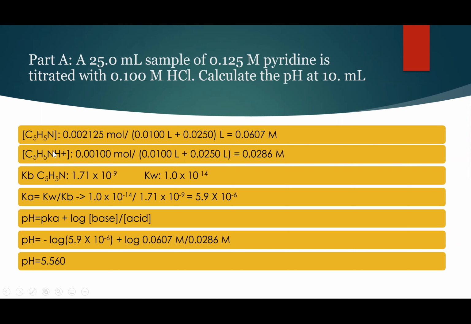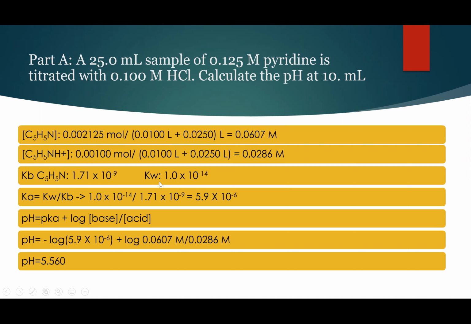We do the same with the conjugate acid, C5H5NH plus. We take the amount of moles left over, divided by total volume, and we get 0.0286 molar.